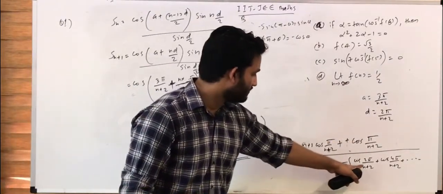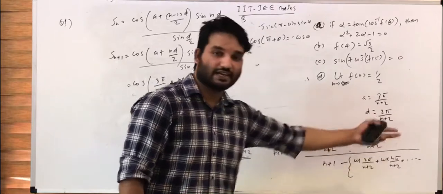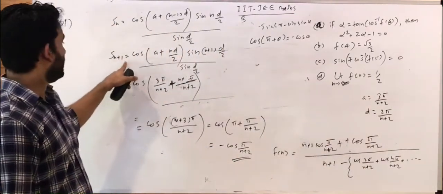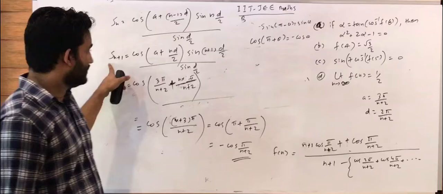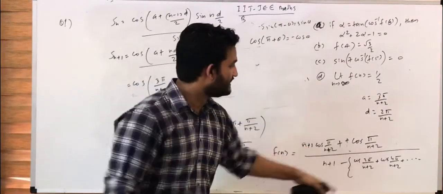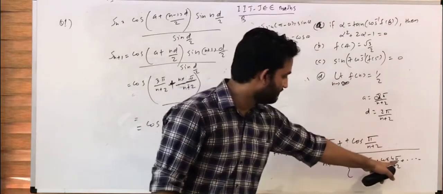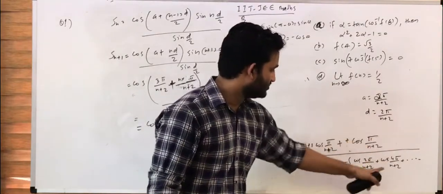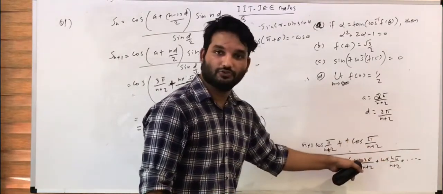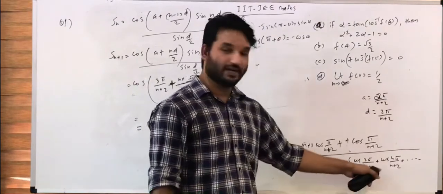Similarly for the denominator, for this cos series I can use the same formula, where a is changed to 2 pi by n plus 2 and d is the same as 2 pi by n plus 2, because 4 pi minus 2 pi equals 2 pi divided by n plus 2.